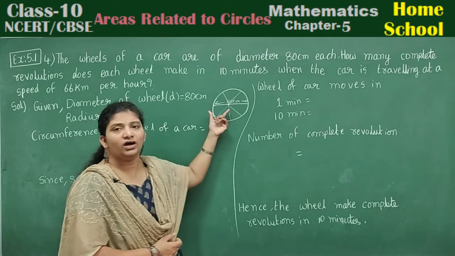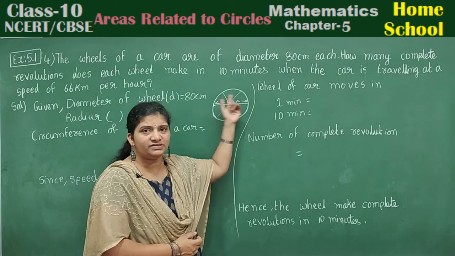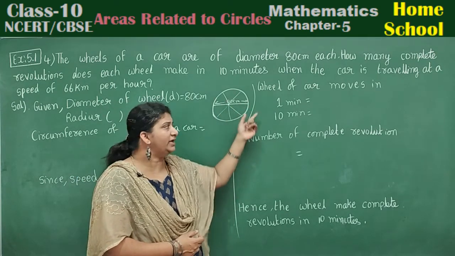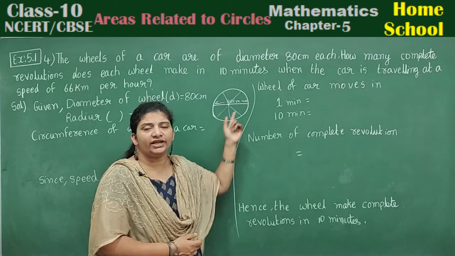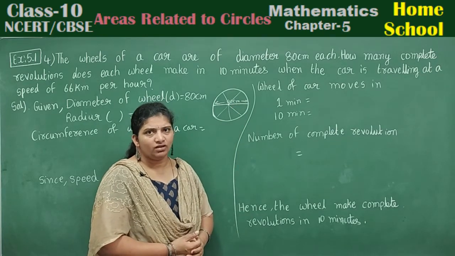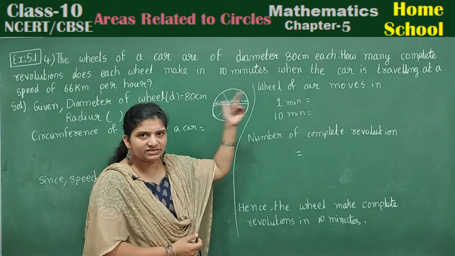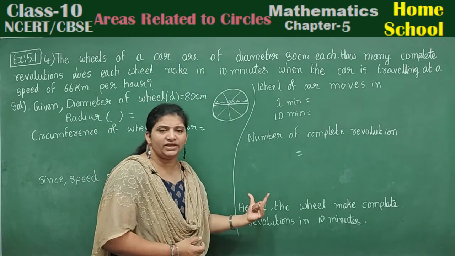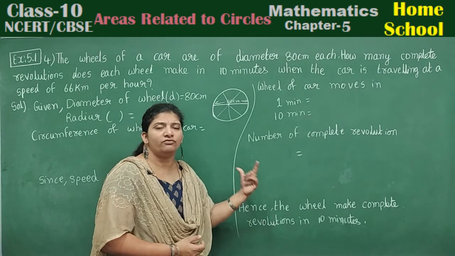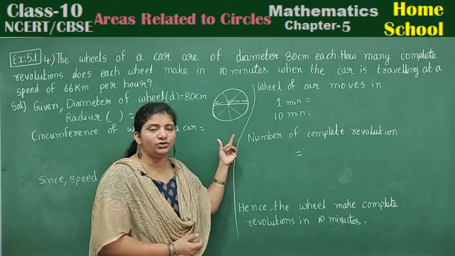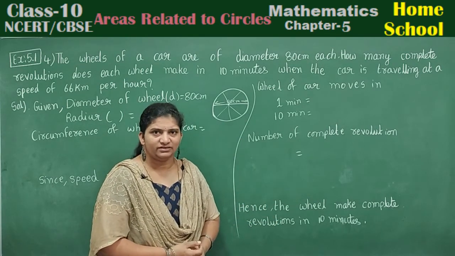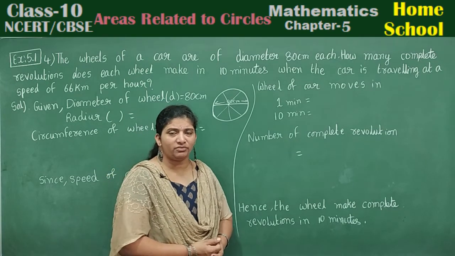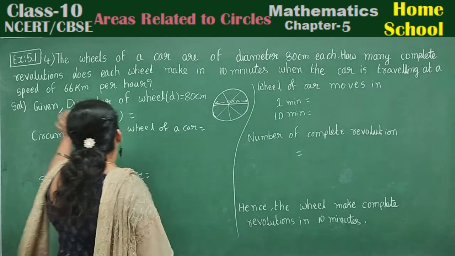If we know the circumference, then we can get how many times it is rotated. So total distance divided by one wheel circumference will give you the total number of rotations done by the wheel to travel that distance. Okay, let's start our problem with the given data.